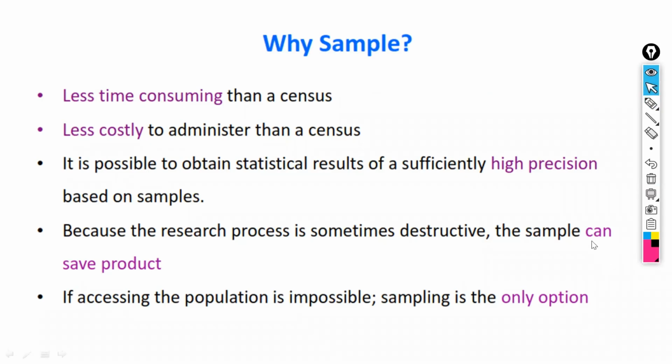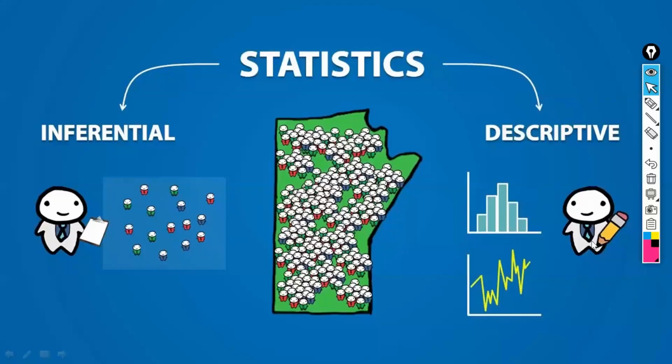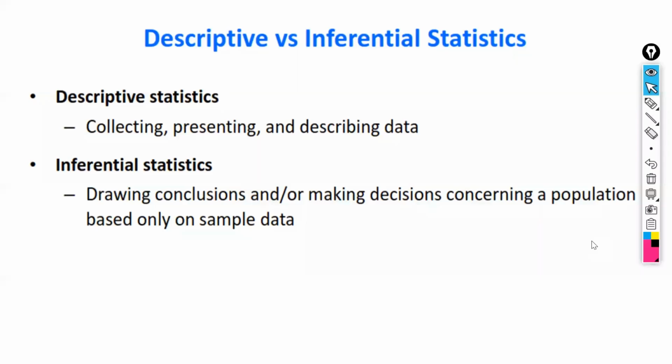Now, coming to statistics, we have inferential statistics and descriptive statistics. Descriptive statistics means collecting, presenting and describing the data. For calculating values like the minimum, maximum and average, first you have to collect the data.